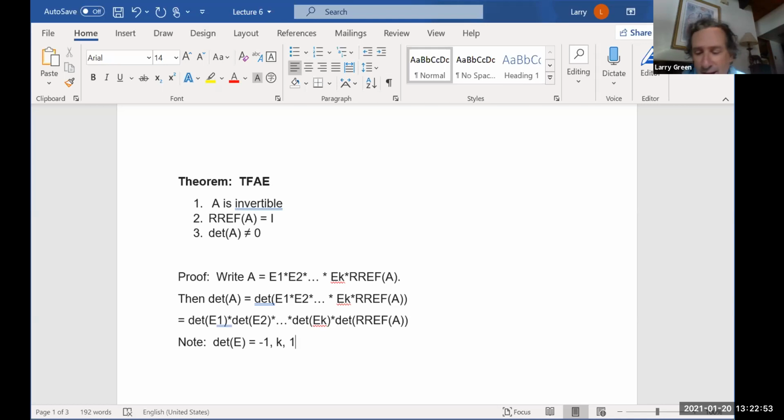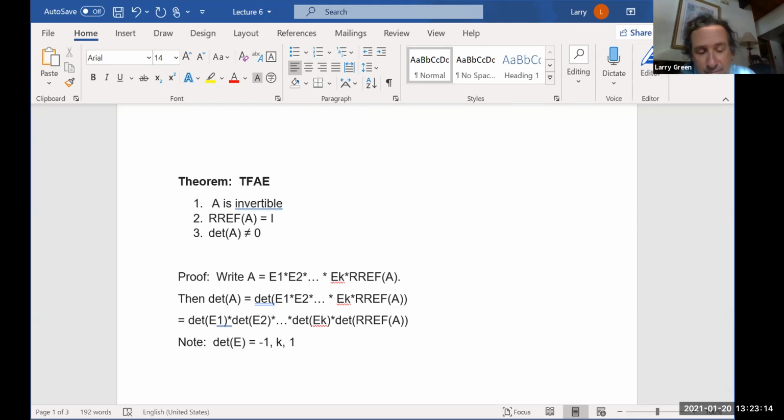All right, so that tells us that what we're looking at is the determinant of E1 times the determinant of E2 times ... times the determinant of EK. Well, these determinants are never zero. They're either -1, some non-zero constant, or 1. So let's write that down.